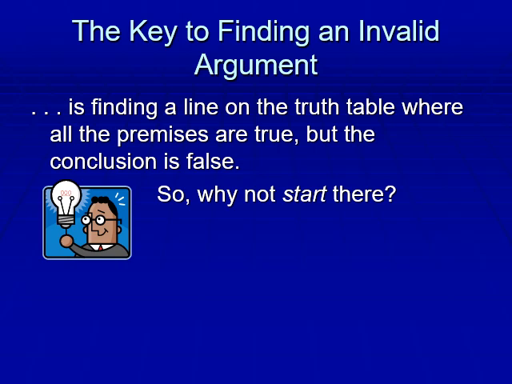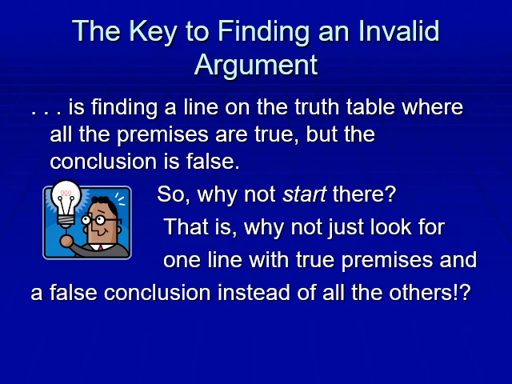Why not start with finding one line with true premises and a false conclusion instead of all the other lines? That's a good idea. If you can think this way, it'll enable you to make quicker progress and to go through the truth table faster.